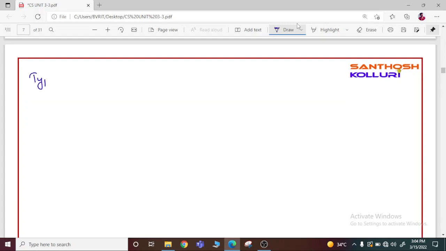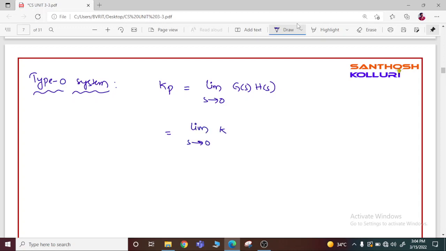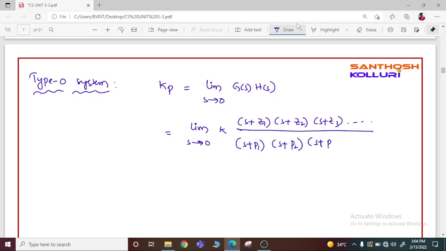So type 0 system. The value of Kp for a type 0 system is limit s tends to 0 of G(s) into H(s). Here G(s) into H(s) can be written as limit s tends to 0 of K into (s plus z1), (s plus z2), (s plus z3) and so on, divided by (s plus p1), (s plus p2), (s plus p3) and so on.